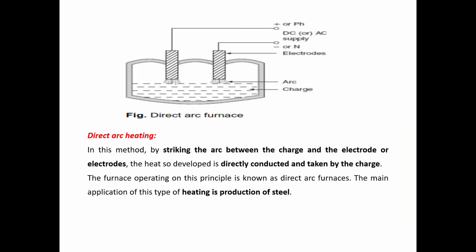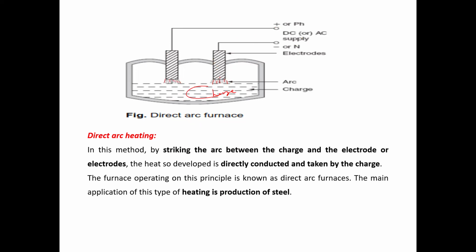Now try the arc furnace, direct and indirect. Arc furnace, same thing. We can give it some supply like this. This one is the charge we have to heat. There is a gap between the charge and these electrodes. When current passes across this, we can create some sort of arc. This one is the arc.